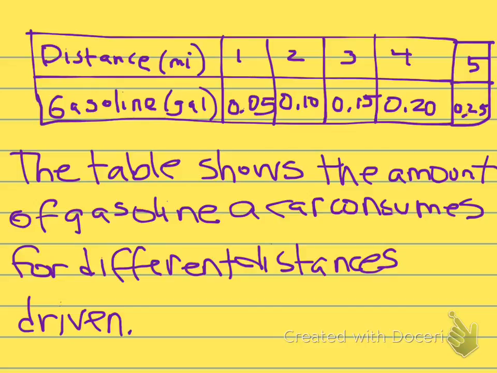So we need to figure out which is our independent and our dependent variable. Gasoline is going to depend on how far we're going. So the amount of gasoline the car is consuming is going to be dependent. So that makes it y. And that makes distance x.